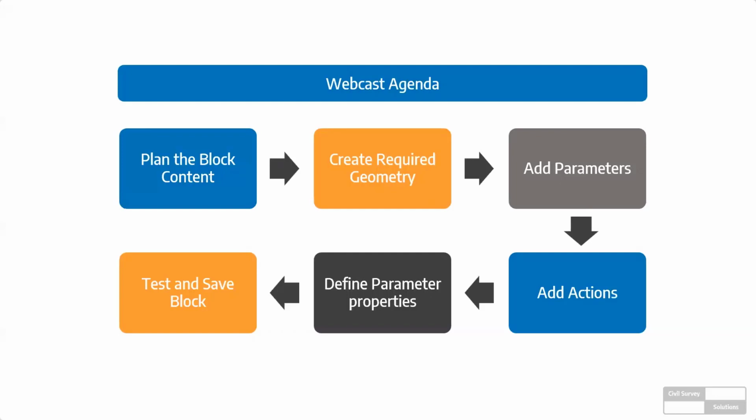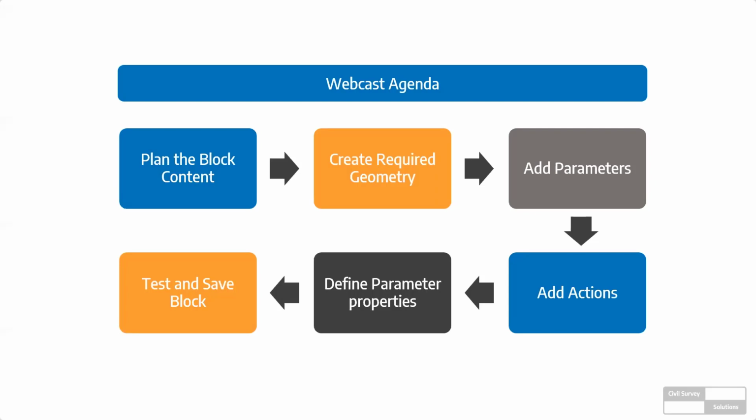The parameters, in simple terms, are the grips that will display on your block. For instance, with a line, you've got the endpoint, the midpoint, and the other endpoint, and when you've got them selected, you've got those three grips. With static blocks, we only have one grip, and that's the insertion point.